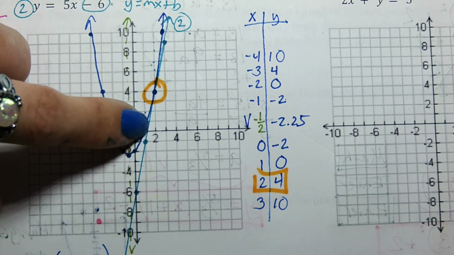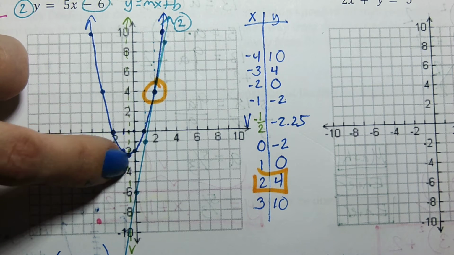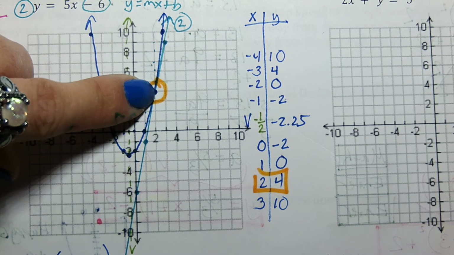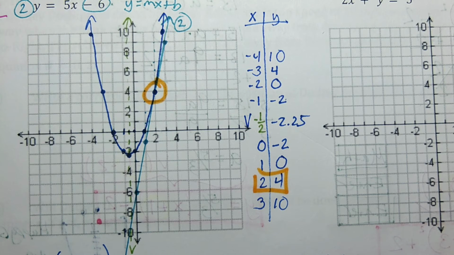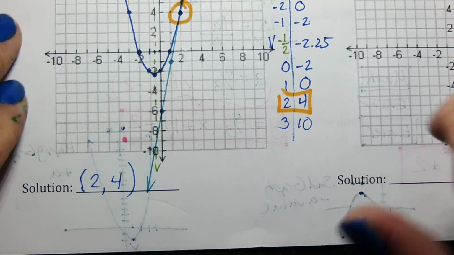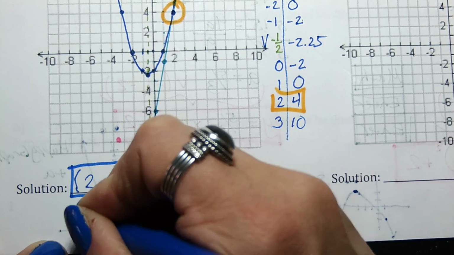Yeah, it's really, really close everywhere around it. But as we can see, the quadratic curves into the line and hits it once, and then it starts to curve back out away from it. So one solution for this one at 2, 4. Go ahead and put a box around it. 2, 4. One solution.